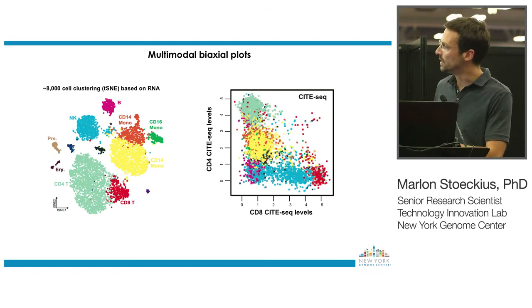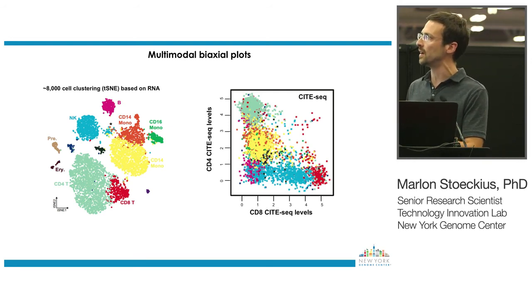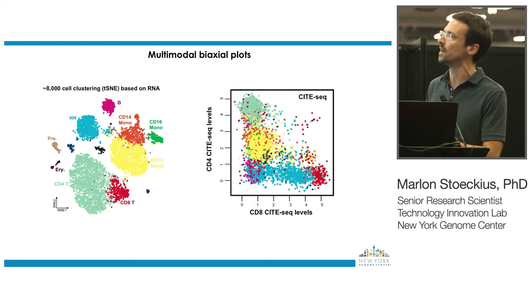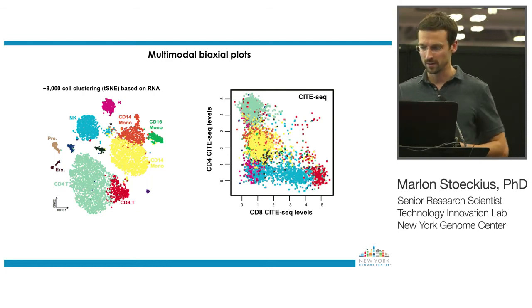For example, CD8 is highest expressed in CD8 T cells, and then we have also NK cells expressing CD8, at a large dynamic range, but lower than the CD8 T cells. And then CD4 is highest in the CD4 T cells, and then also monocytes express CD4, but at lower levels.